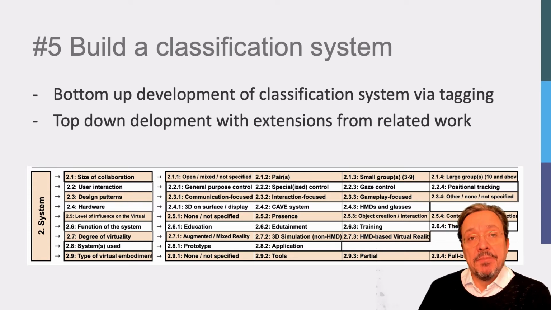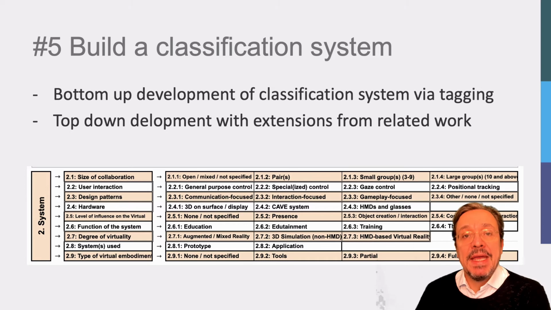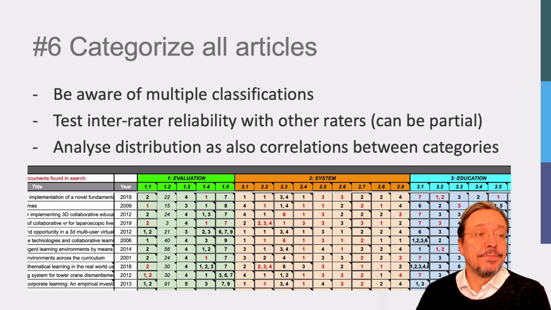But in some cases, it also makes a lot of sense to identify before the main categories that you want to use in your classification. So it's both a top-down and a bottom-up system. The more top-down you work, the more rigorous is the method, the more systematic you are in your approach.